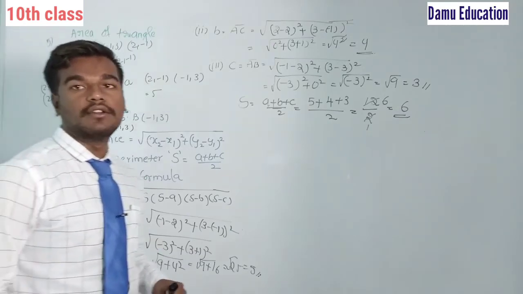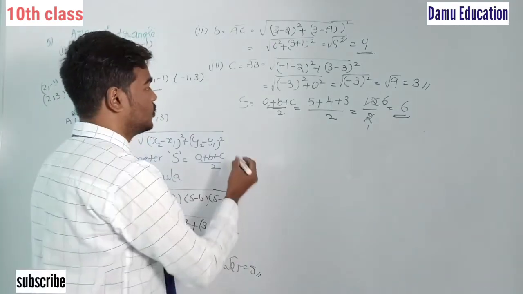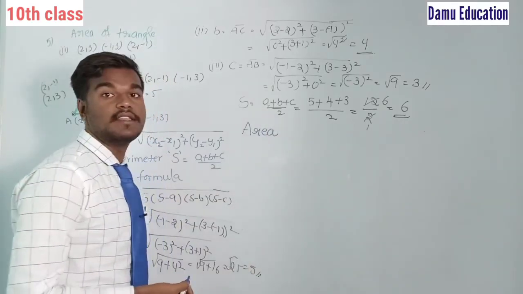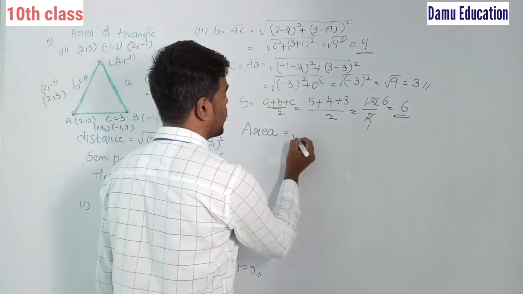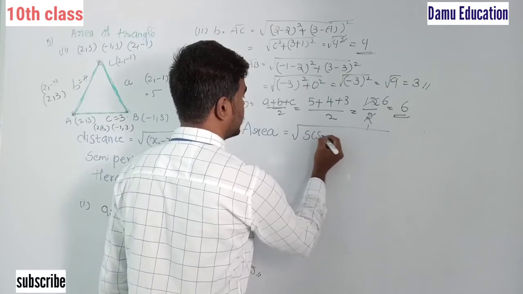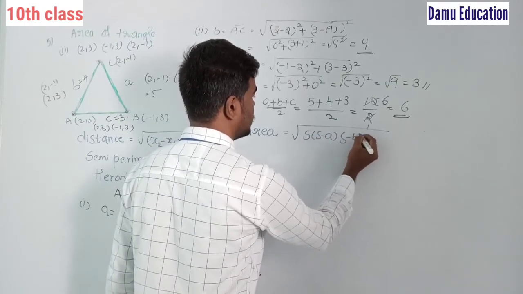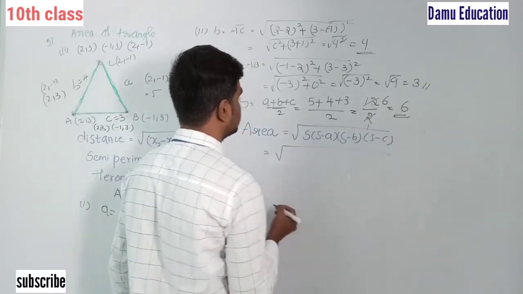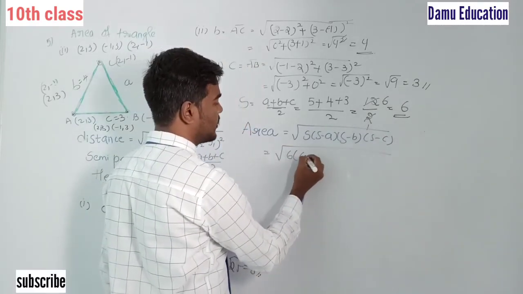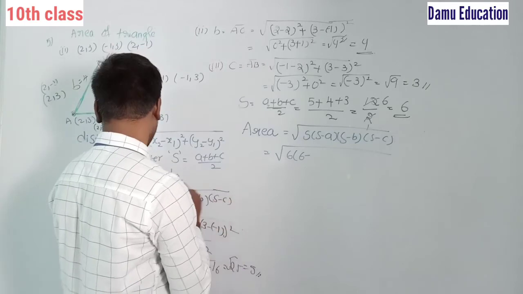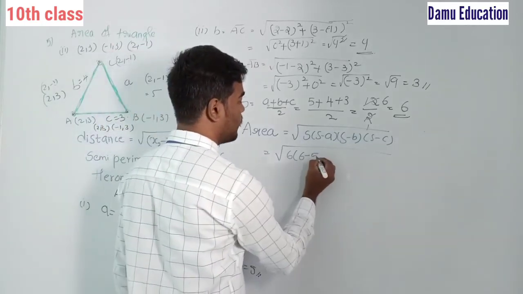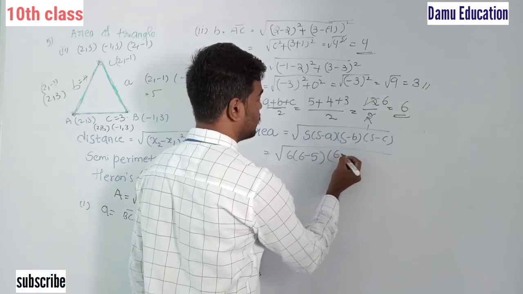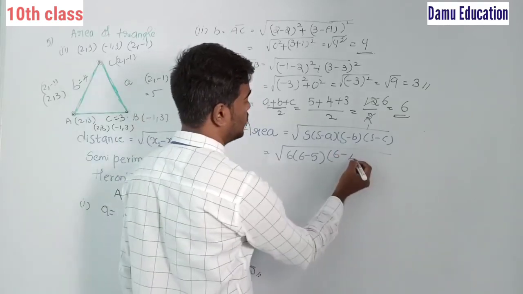Now we are going to calculate the actual area. Area of the triangle by using Heron's formula is square root of S into S minus A into S minus B into S minus C. So S is equal to 6. 6 minus A, where A is 5. Then 6 minus B, that is 4.